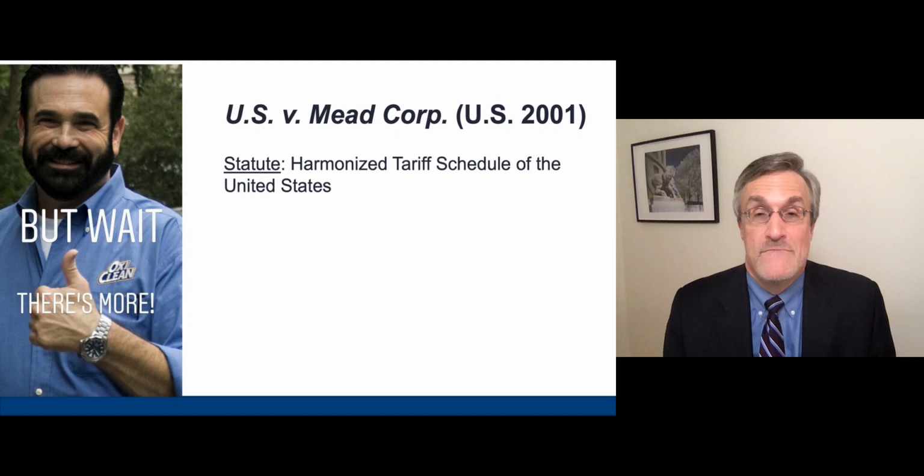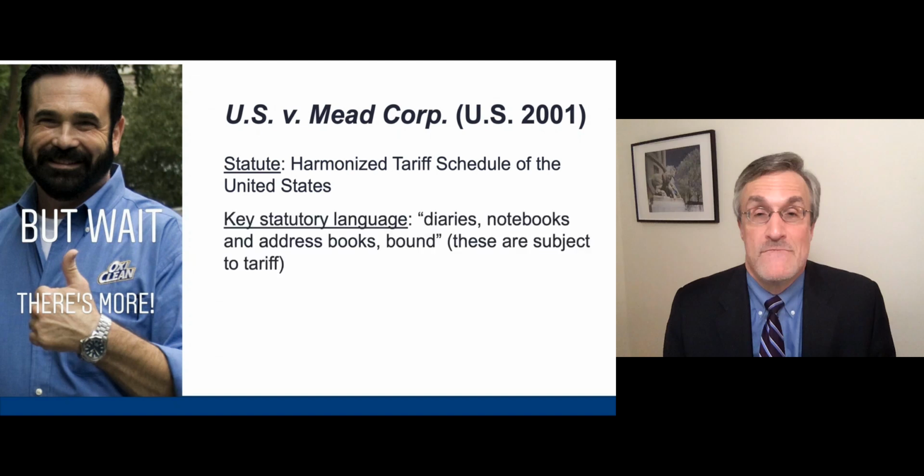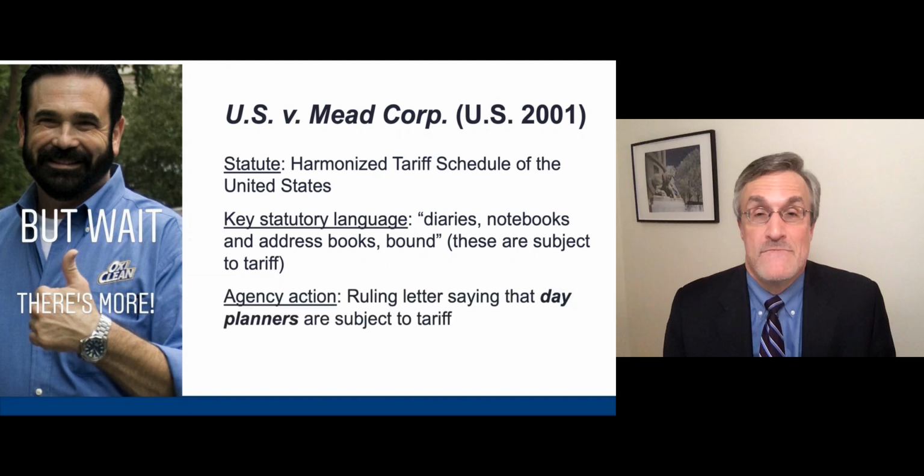And the specific language in this case dealt with diaries, notebooks, and address books bound. Anything deemed to fit within that definition, subject to a tariff. And in fact, the Customs Service issued a ruling letter that a product that the Mead Corporation sold, day planners, were subject to a tariff. Now, what's a day planner?